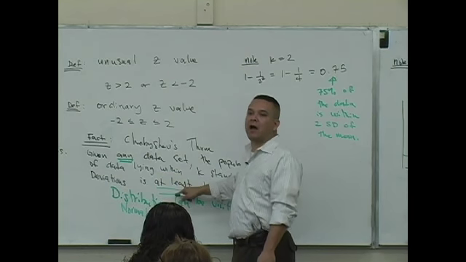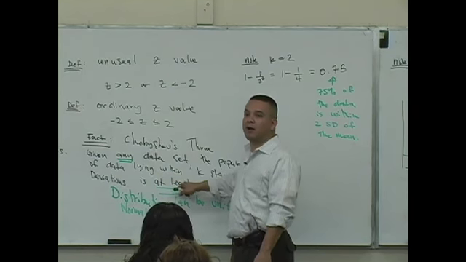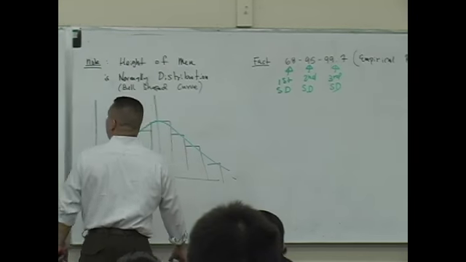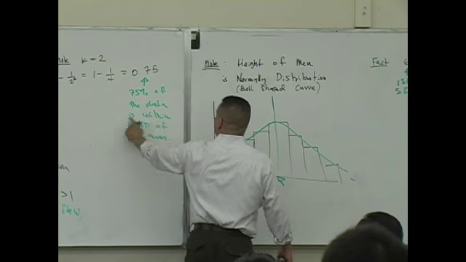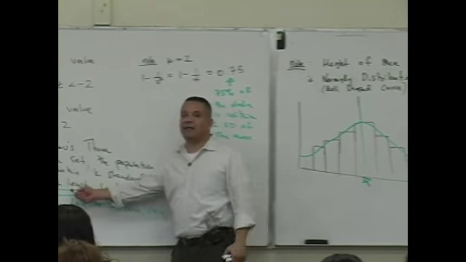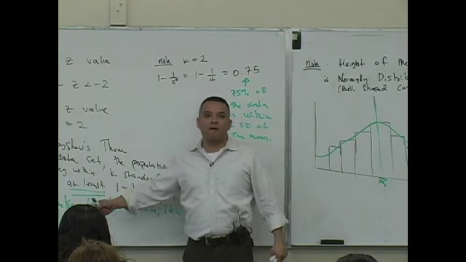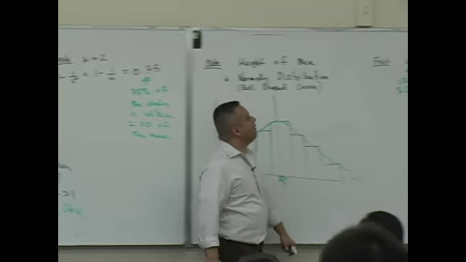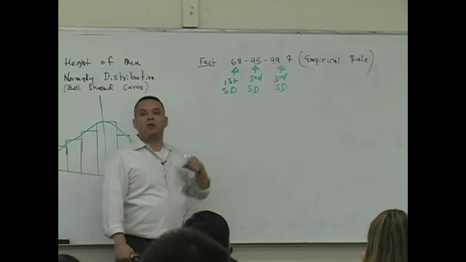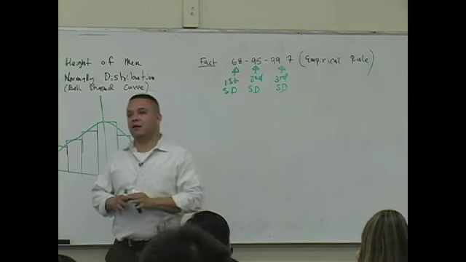It's at least this value, at least, meaning it could be higher. And if you look at this theorem, we just computed here 75% of the data is within the second standard deviation of the mean. Well, this language is at least, so it could be more. We know for a normal distribution, it's 95.